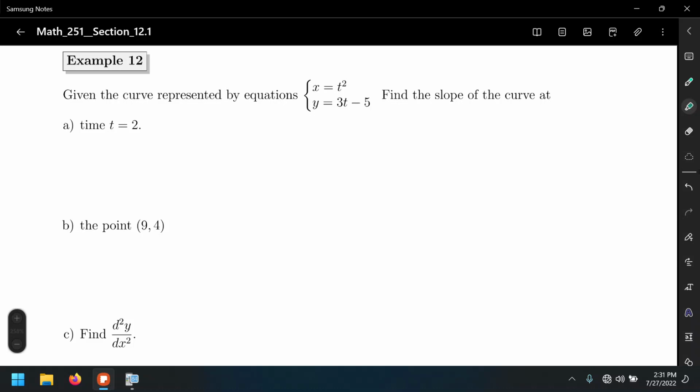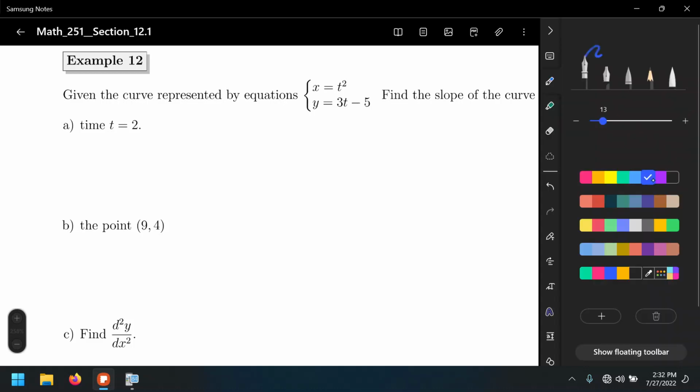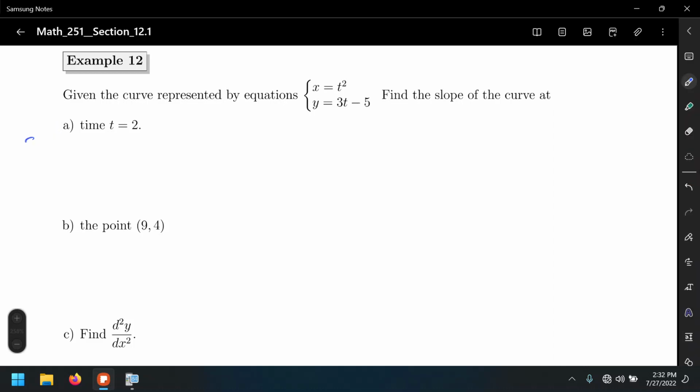So number 1, let me rewrite the parametric equations. That's x equals t squared and y equals 3t minus 5. So let's take the derivatives with respect to t. That is dx dt and dy dt.